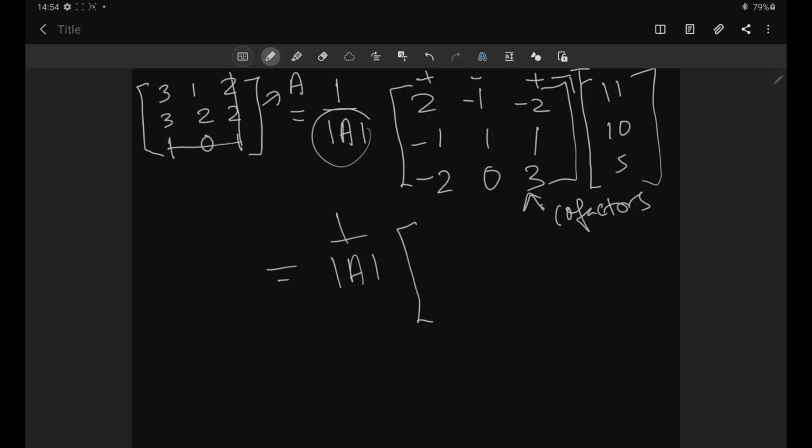The transpose of cofactors we also call the adjoint. So that means the first row will be the first column of the transpose. The second row will be the second column. And then the third row will be the third column.